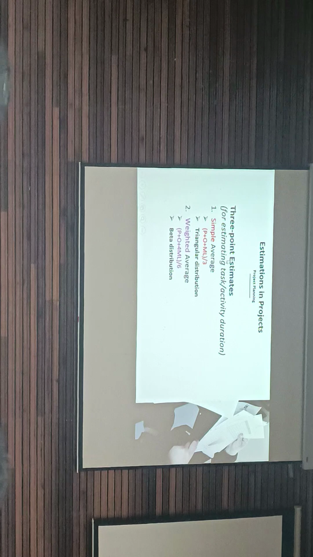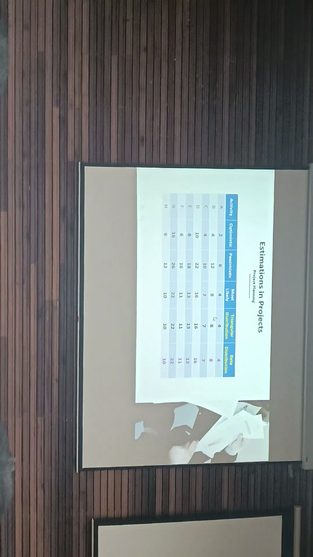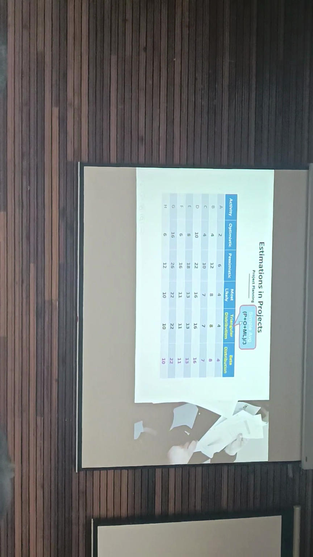Okay, so 3-point estimate. There are 2 types, simple average and weighted average. The one we used just now is a weighted average. We give more weight to the most likely factor. So this is the simple average: pessimistic, optimistic, most likely, divided by 3. 1, 2, 3, so divided by 3, take the average.